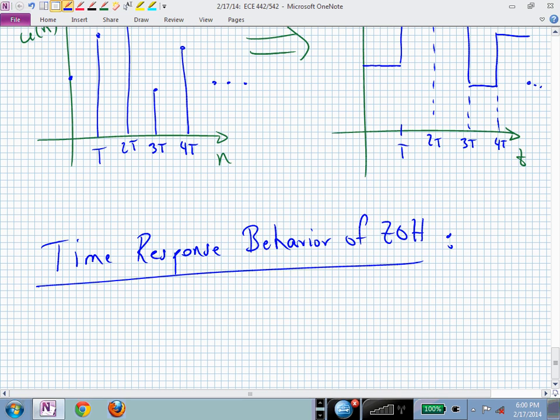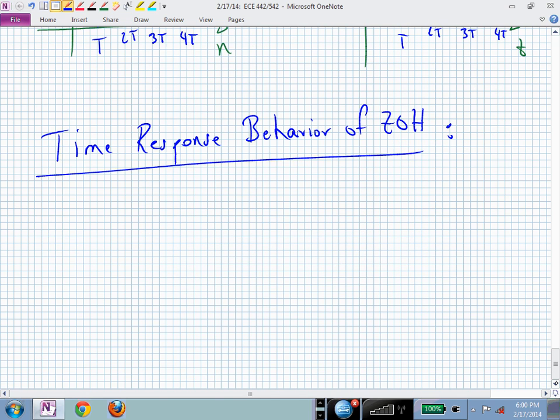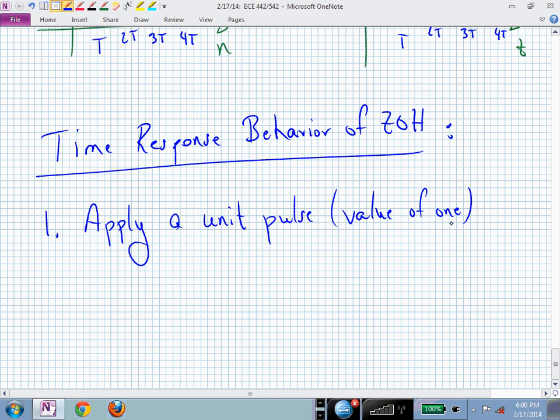And a unit pulse is what? It's just 1 at time 0. So let's now apply a value of 1 and see what happens.